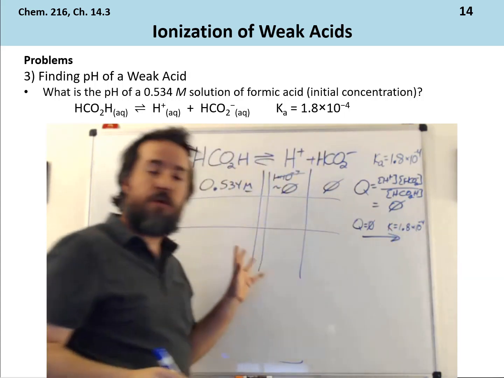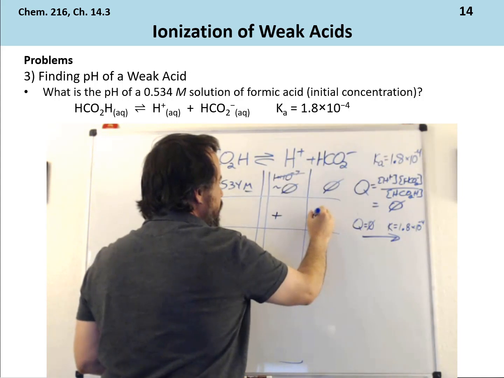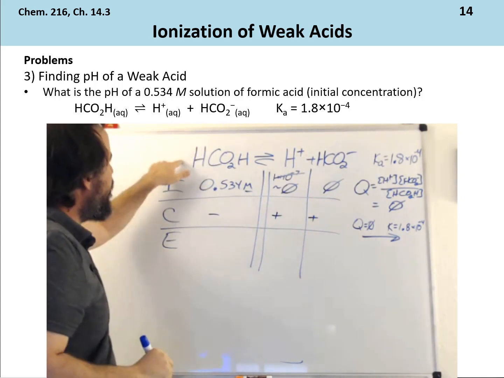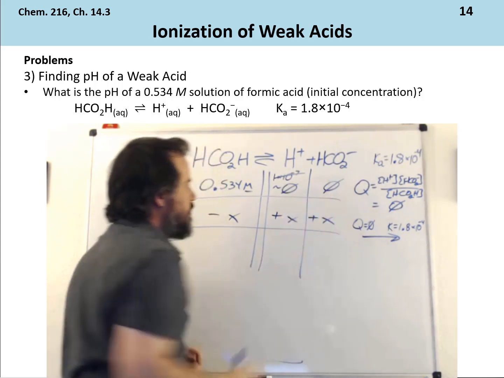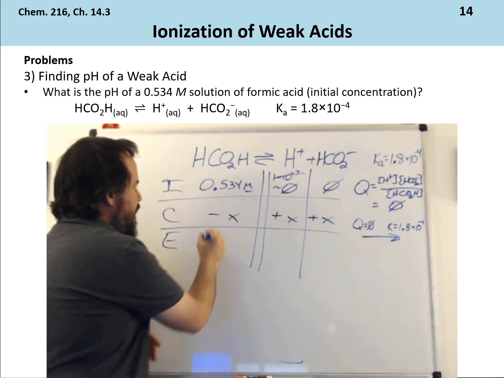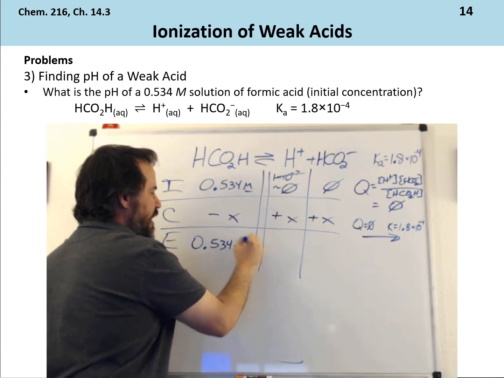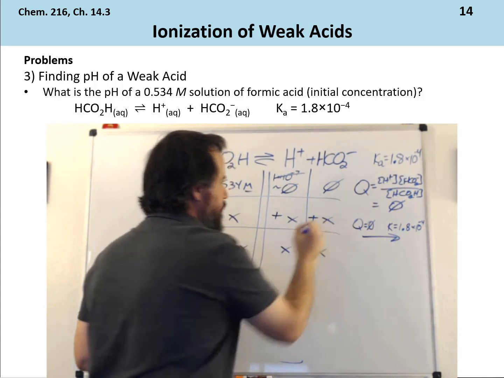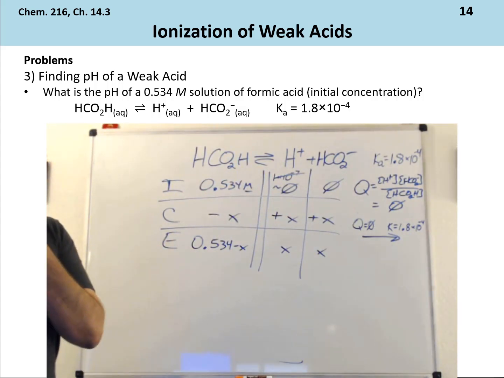So it's going to shift towards the right. Okay? So that means these are going to be positive, positive, negative. I have 1, 1, 1, so this will be minus x, plus x, plus x. Okay? That means this will be 0.534 minus x. This will be x. This will be x. Okay? Because it's 0 plus x. That's just x.